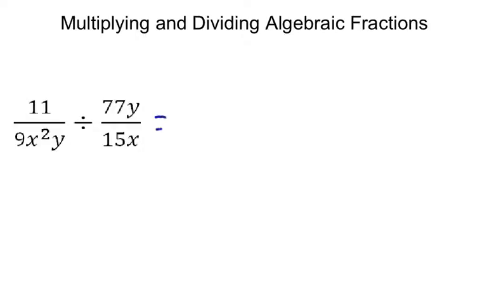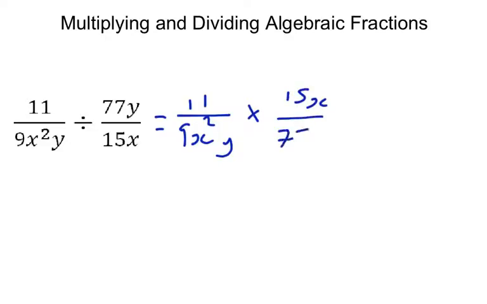The first thing we do when it's a division is copy the first fraction, change the sign to a times, and flip the second fraction to give us a multiplication that we can work with. Now we have to cancel terms that we can cancel. So we have 11 on the top and a 77 on the bottom, which cancels to 1 and 7.